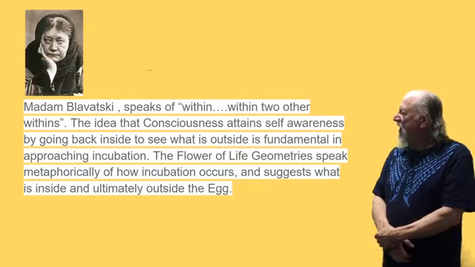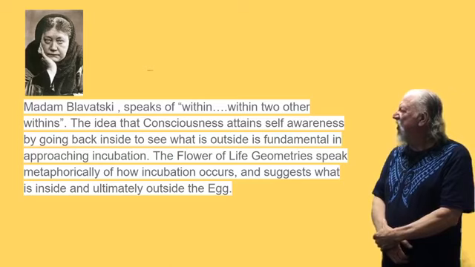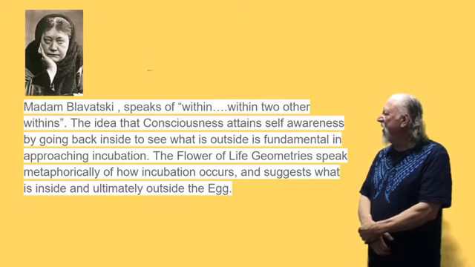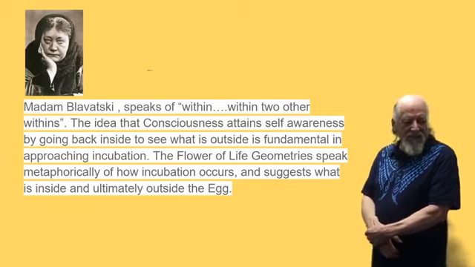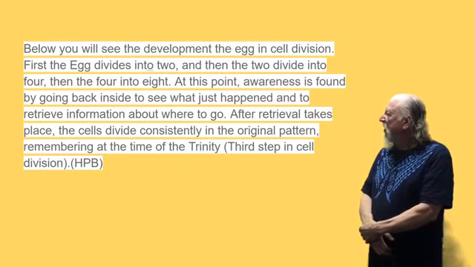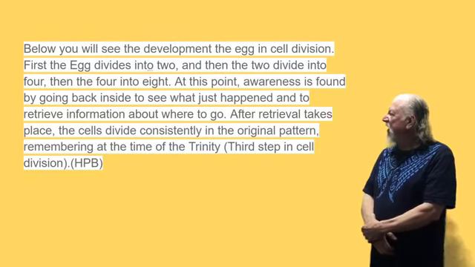Madame Blavatsky speaks of within two other withins. The idea that consciousness and life geometry speak metaphorically of how incubation occurs and suggests what is inside and ultimately outside the egg. Below you'll see the development of egg and cell division.